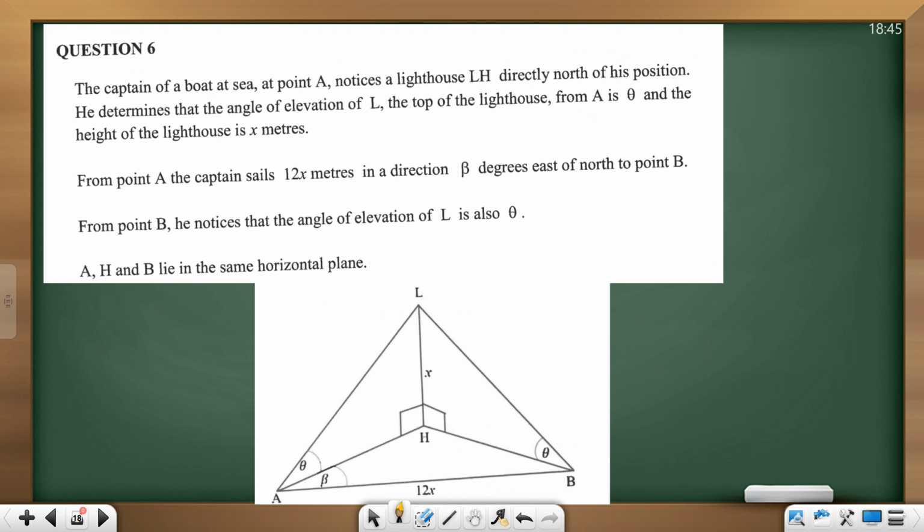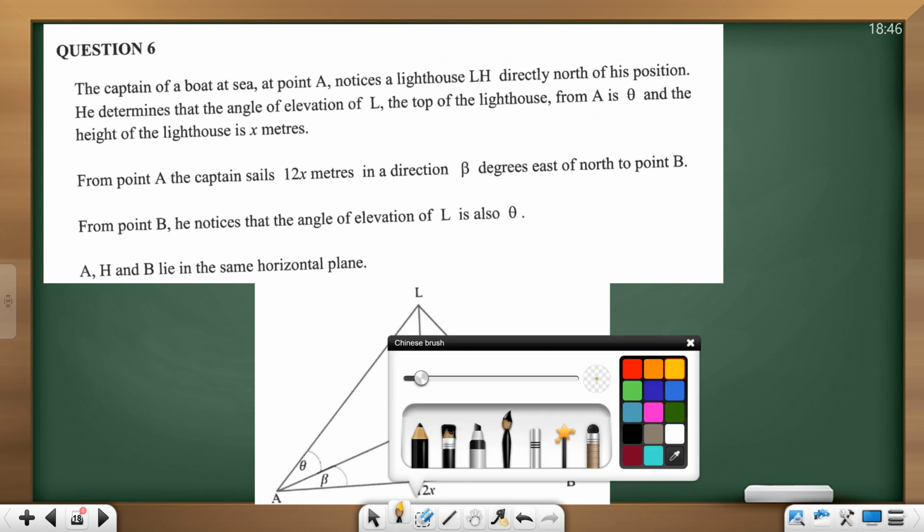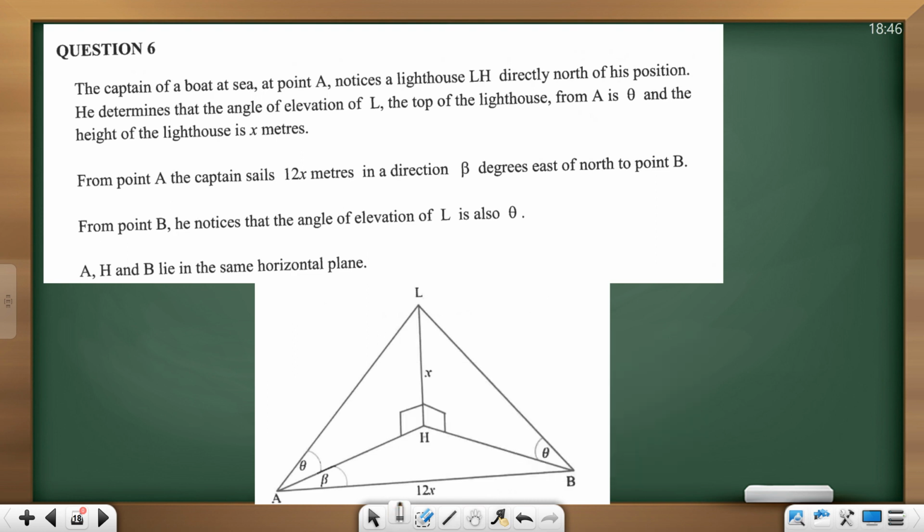The captain of a boat at sea at point A notices a lighthouse LH. Oh, thank God they gave us that. Right angle triangle. Directly north of its position, it determines the angle of elevation. That's the angle of elevation.